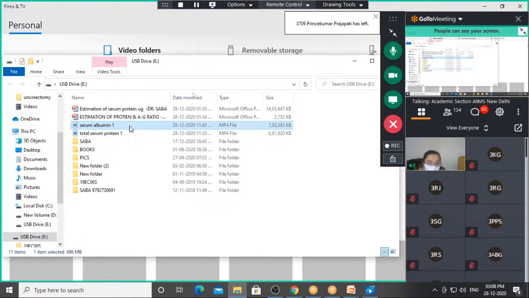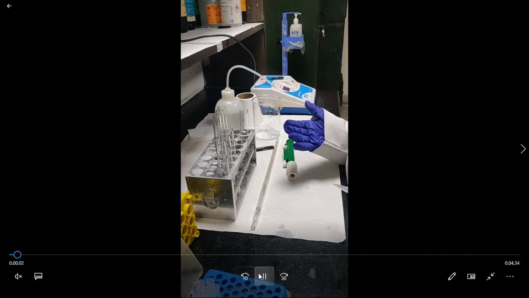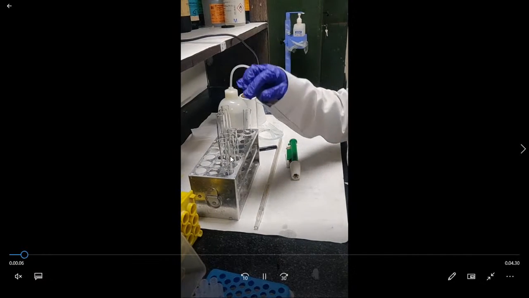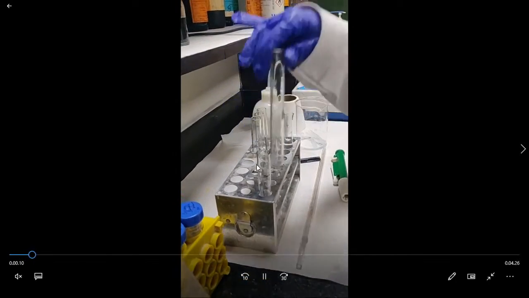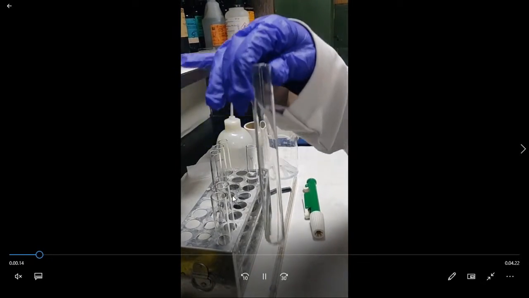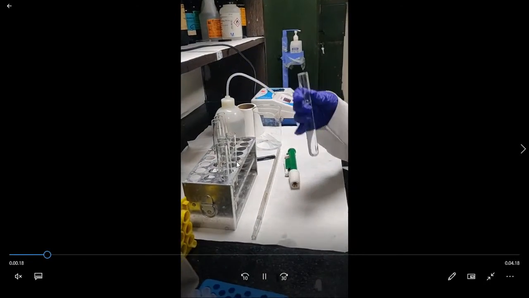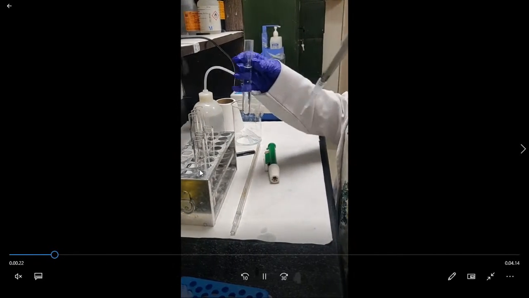Similarly, for estimation of serum albumin, again we will take 3 test tubes and label them as blank, standard and test. In the standard we put the solution of known concentration, and in test the sample whose concentration we have to measure.